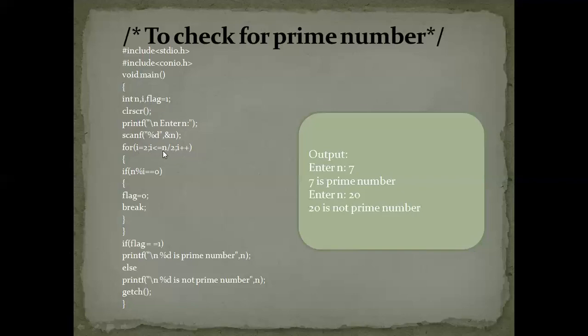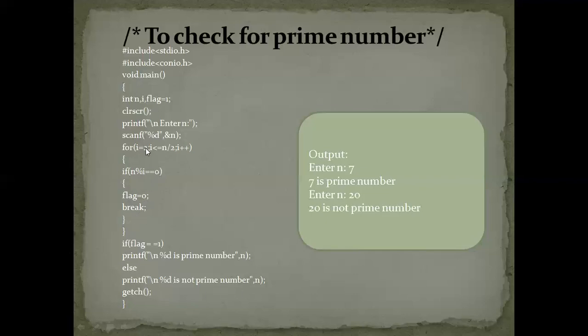What is the n value I have entered? 7. 7 by 2, can I get the remainder as 0? No, I am not going to get remainder 0. So flag is equal to 0. Flag is equal to 0 means, I'll tell you, if flag is equal to 1, then it is a prime number. So when flag is equal to 0, then it is not a prime number.